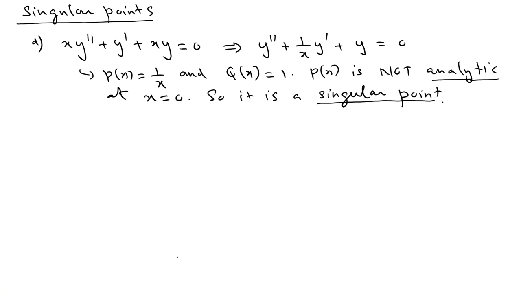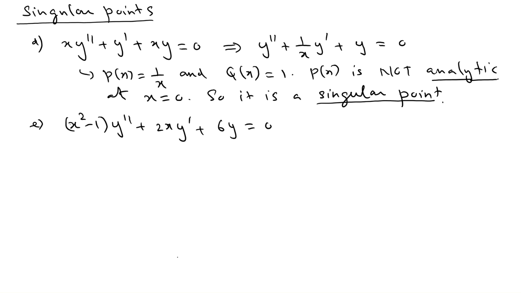Let's do one more before we finish this discussion about ordinary and singular points. How about this one? Let's look at a Cauchy-Euler type of equation: x squared minus 1 y double prime plus 2x y prime plus 6y equals 0.